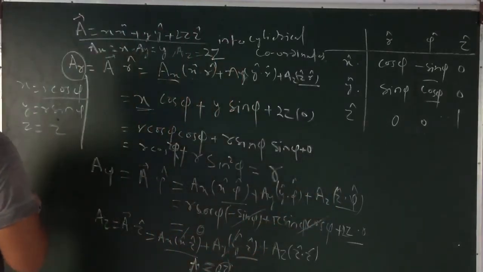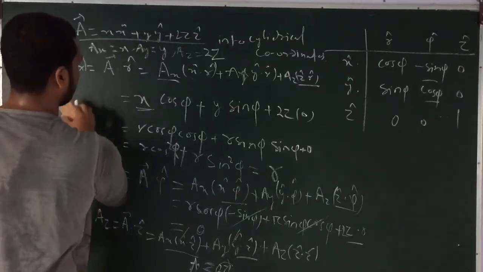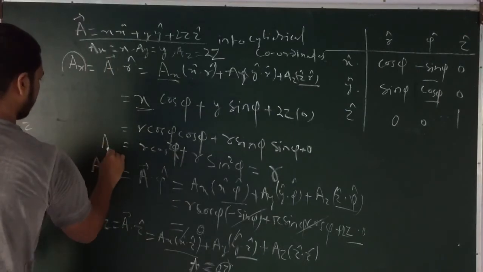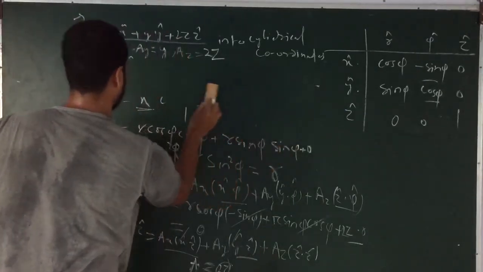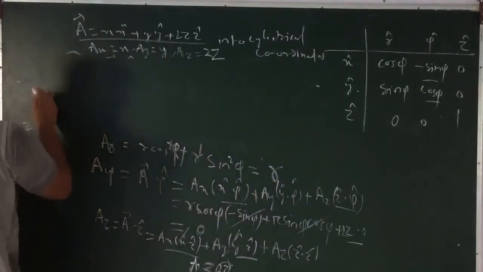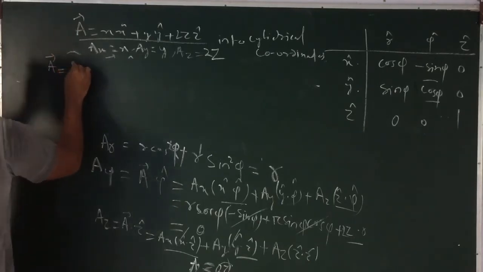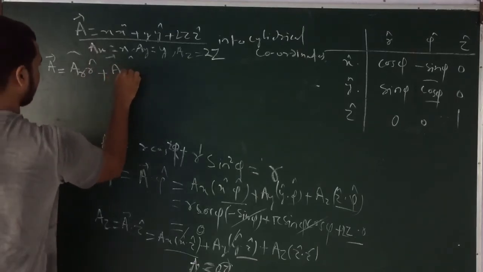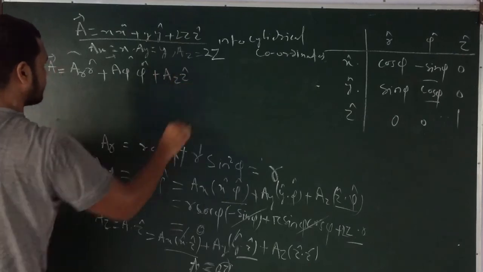So writing the answer, what you have to write is this is your AR finally. So the vector in cylindrical coordinates, A equals AR r cap plus A phi phi cap plus Az z cap.